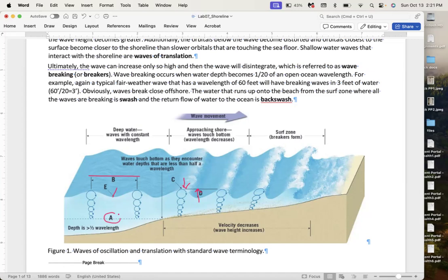Then A down here is talking about the wave depth, or the effectiveness of a wave as it moves through the ocean. And all of the energy in those waves is input by wind.